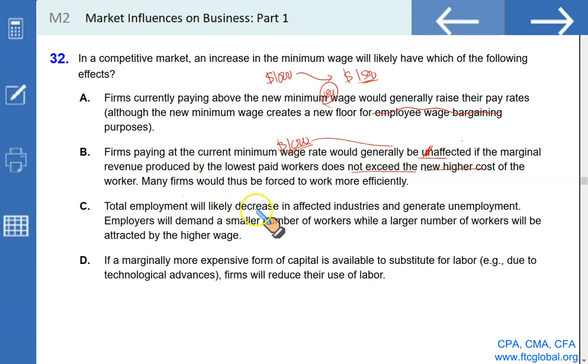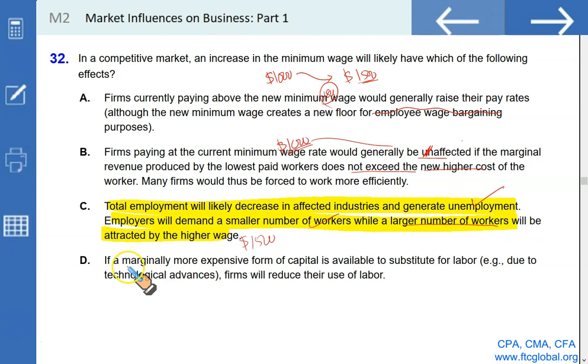This is true. When the minimum wage rate is increased, employment falls and it will generate unemployment. Yes, unemployment would increase. Employers will demand a smaller number of workers, while a large number of workers will be attracted by this new higher wage of $1,500. So this is the correct statement.